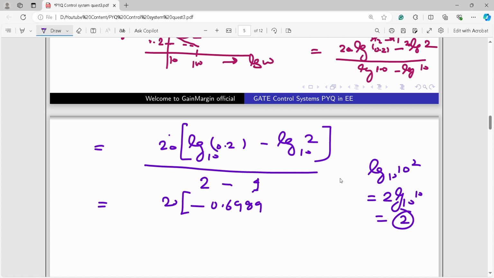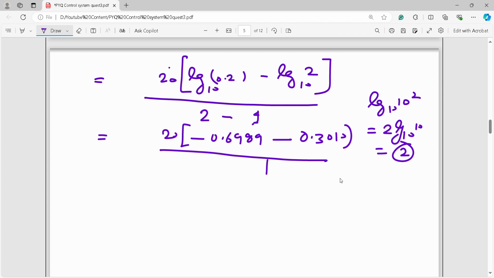Okay, and then log 2 is coming 0.3010 divided by 1.